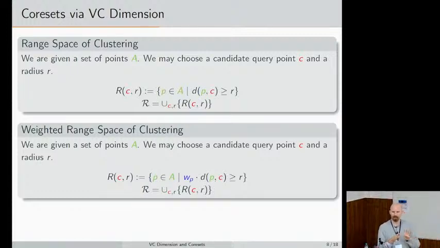So these two range spaces are definitely not the same. It isn't known that you can, in a black box way, take the unweighted range space, work really hard, and then get a bound for the weighted one. That doesn't work. Those two things, in spite of looking very similar, are fundamentally different.